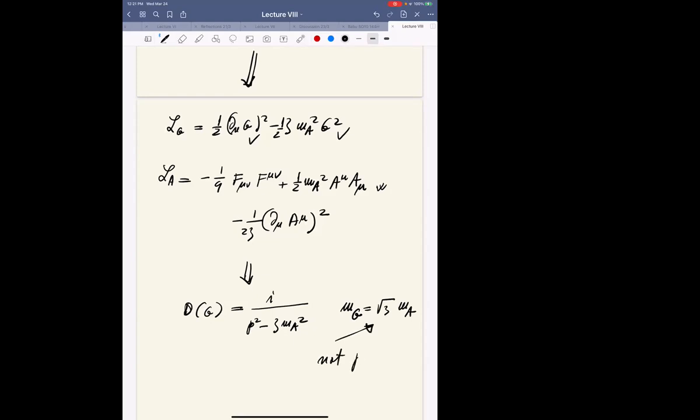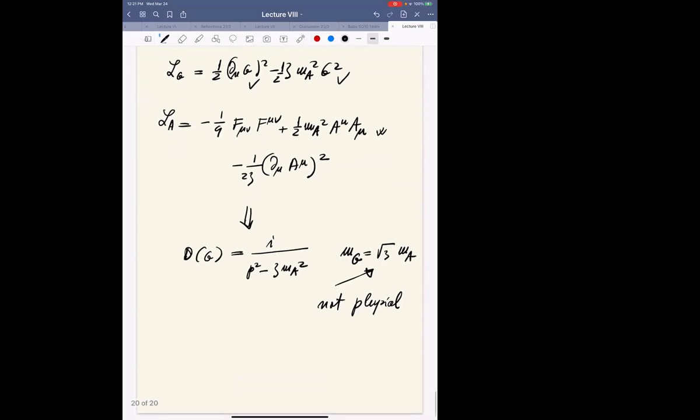It cannot be physical, as you know. If I take psi equal to 0, G is massless. If I take psi equal to infinity, I don't know, I can choose whatever I want. So this is not a physical field. And of course, it shouldn't be. This is like a longitudinal degree of freedom, or the time-like one, which is propagating off shell. But it's not a physical particle. Just like the photon has 2 degrees of freedom, this system of G and A will have 3 physical degrees of freedom. We just got rid of one of them.